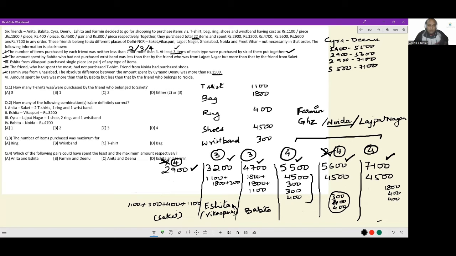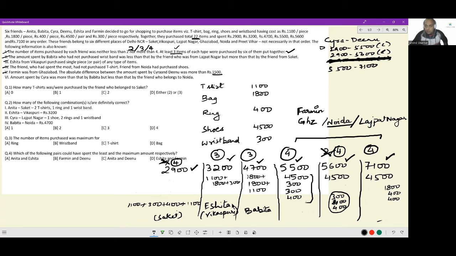The amount spent by Saira was more than that by Babita, so now we know Saira has to be the larger number. For the first three cases, this has to be Saira, this has to be Saira, and this has to be Saira. But less than the friend who belongs to Noida. So this case is anyway cut out.